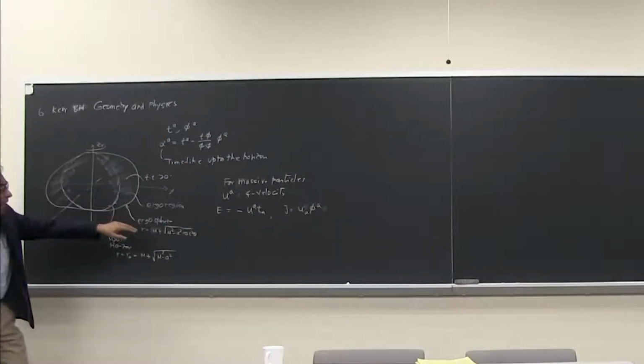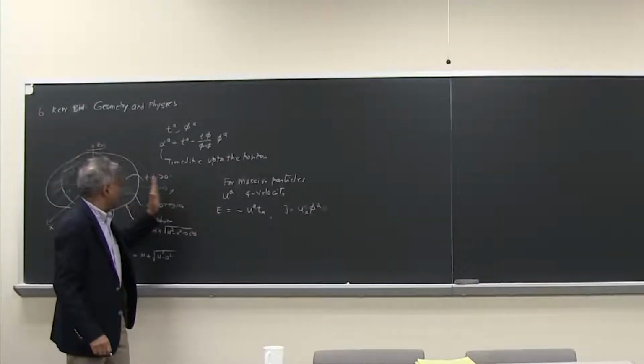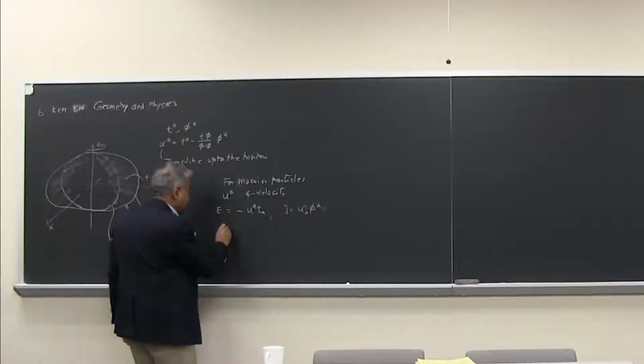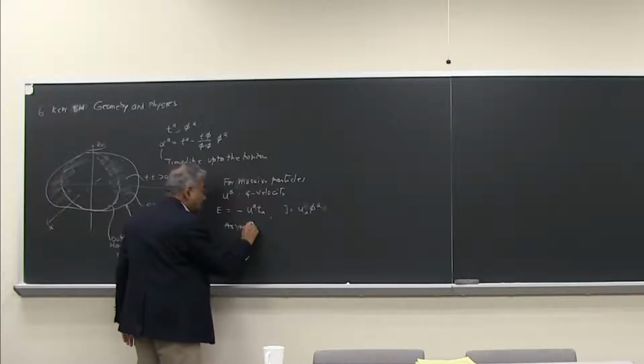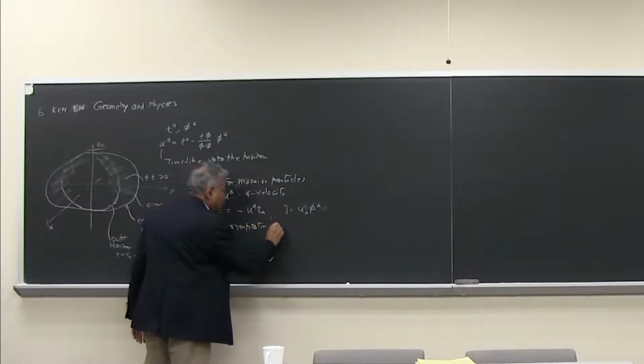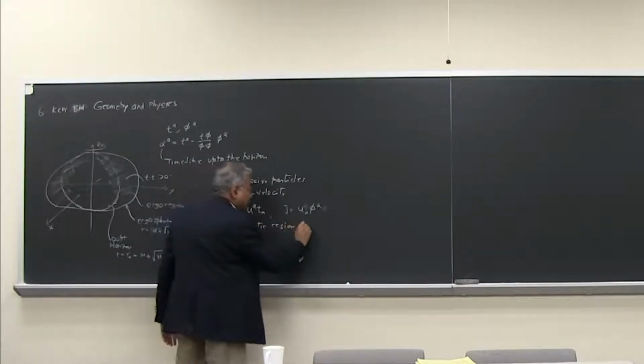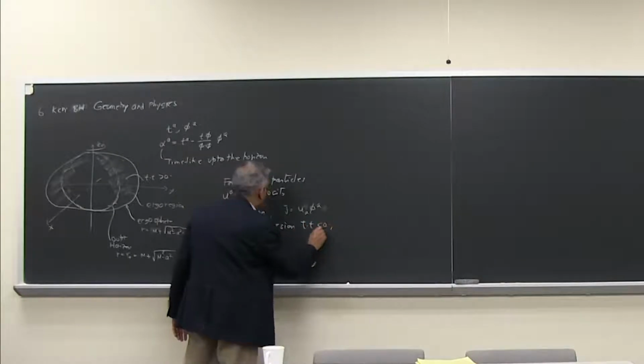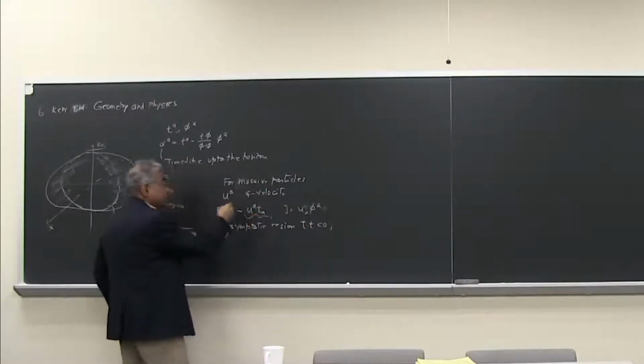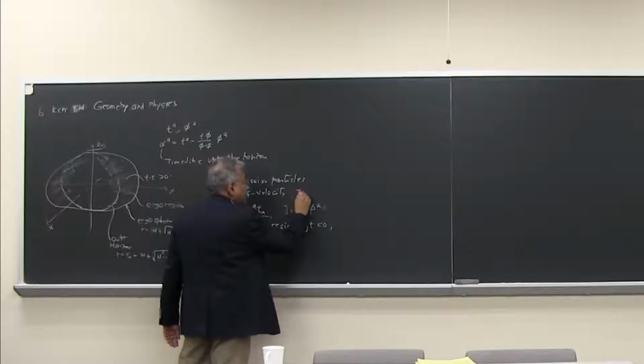Okay, and now what happens is that in the asymptotic region, where t^a is time-like, u is always time-like by definition.